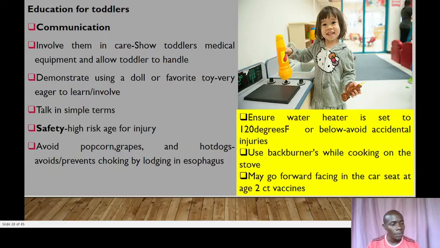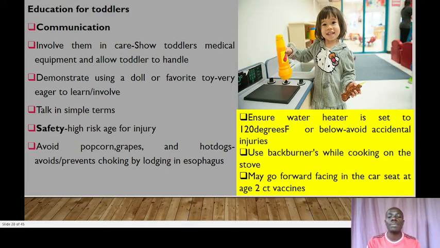In terms of safety, it's good to recognize that this is a very high risk age for injury. So you avoid foods like popcorn, grapes, and hot dogs, because these can lodge in the esophagus, leading to choking. You ensure that the water heater is set at 120 degrees Fahrenheit or below to avoid accidental injury. Remember to convert degrees Fahrenheit to Celsius.